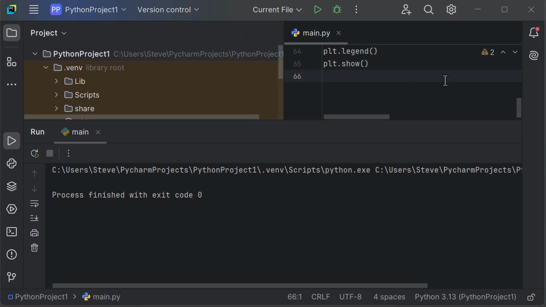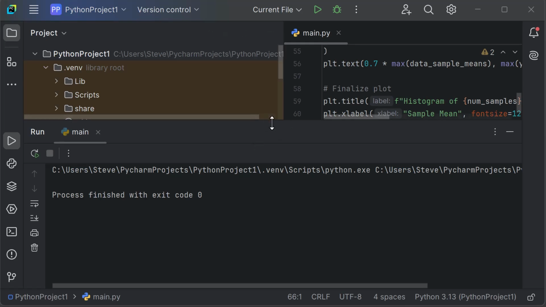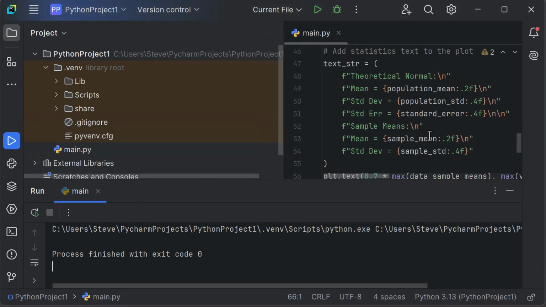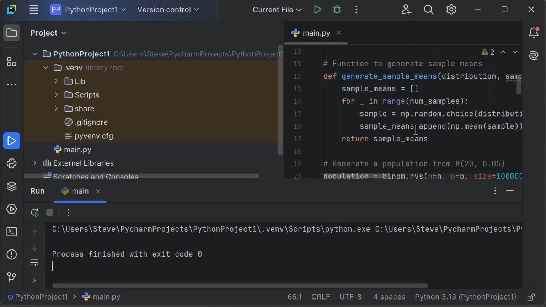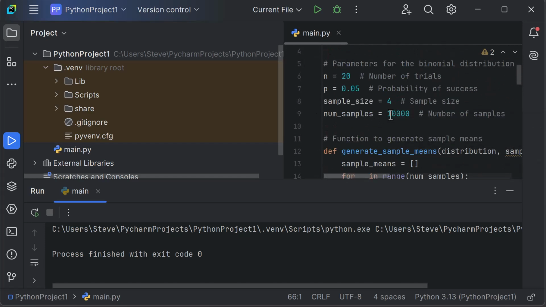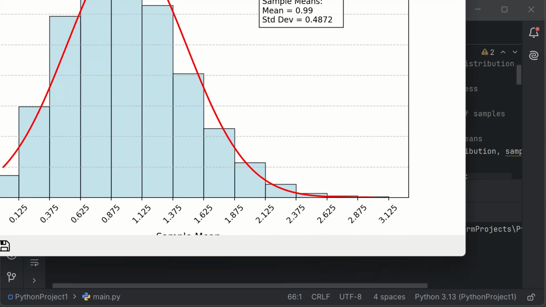Okay, so I'm set up here with my code for samples of size 4. Sample size is 4 and the number of samples is 10,000. So we should get a pretty good picture, depending on how the bins have been chosen for the histograms. Let's have a look at this one.